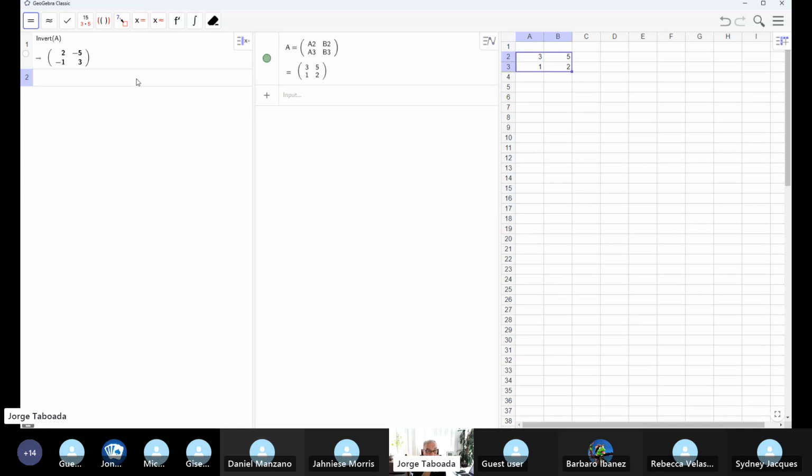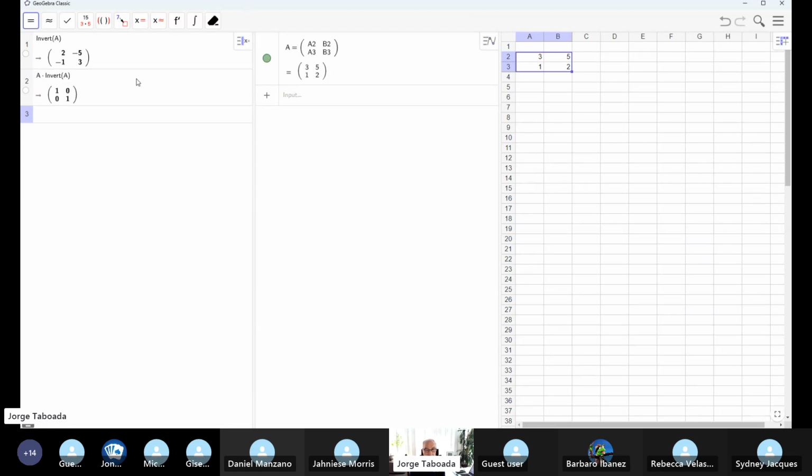Cool. Okay, now I want to take advantage, and why not multiply in a different order. Multiplication A times, you press times with shift 8, multiplied by what? By the invert of A. Press enter, bang, identity matrix.